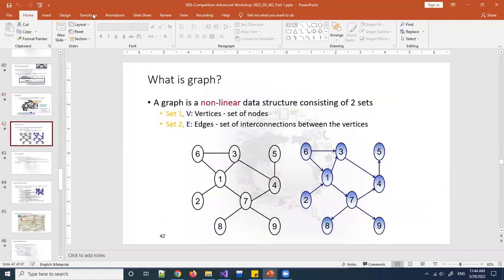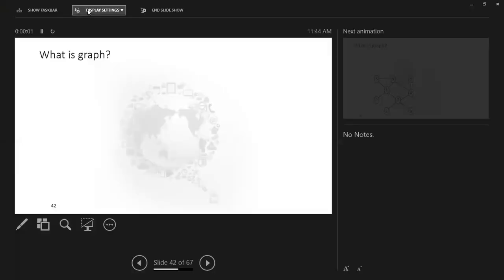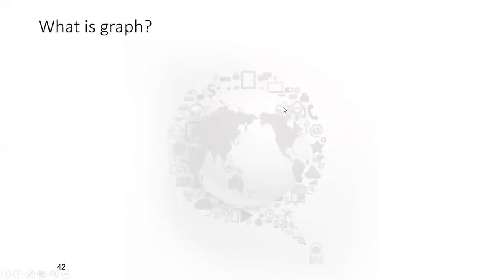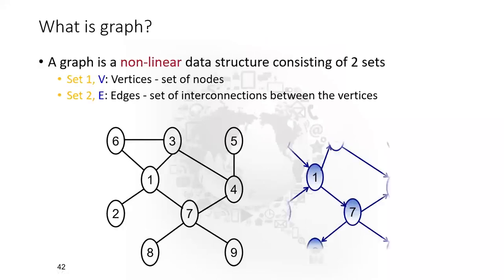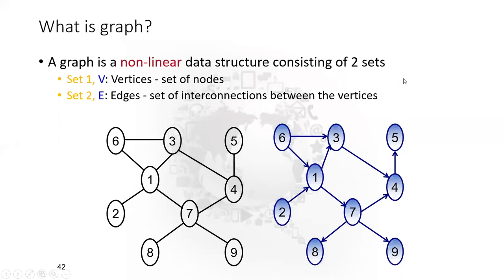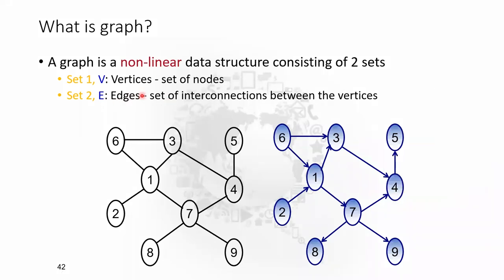Okay, so let's quickly go to the graph. So what is a graph? Basically, a graph is a non-linear data structure which consists of two sets. One is vertices, the set of nodes, and the other is edges, the set of interconnections between the vertices.